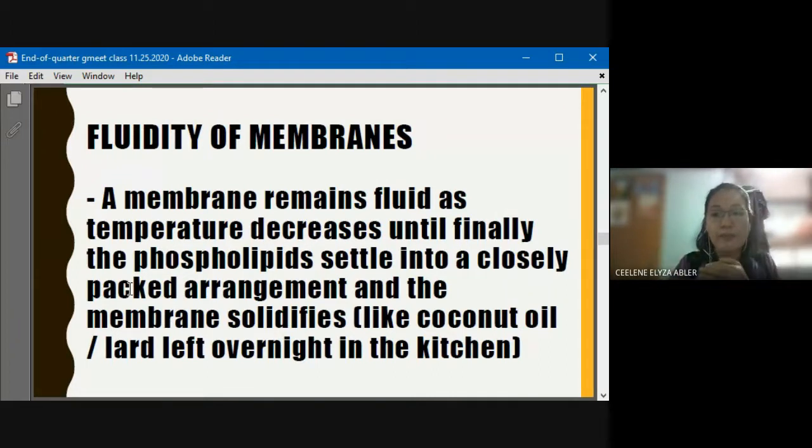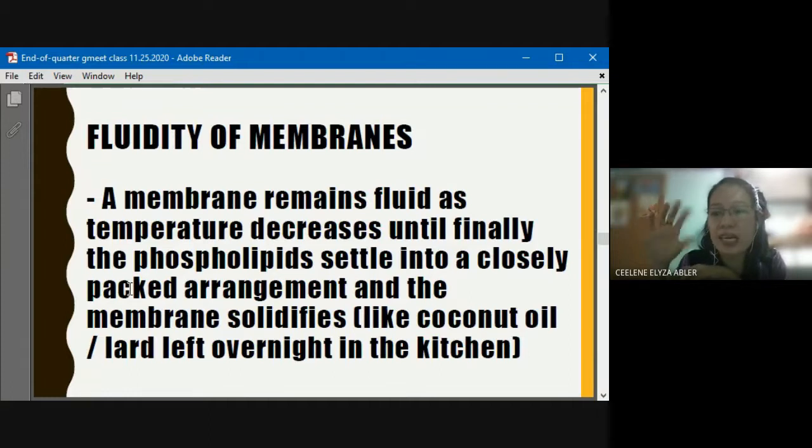Parang mag-gel na siya, like your butter or oil natin na iiwan natin like lard or coconut oil. Diba pag gising natin sa umaga, early in the morning, they form like parang matitigas na portion, pumuputi na yung oil mo. It's because of that one.